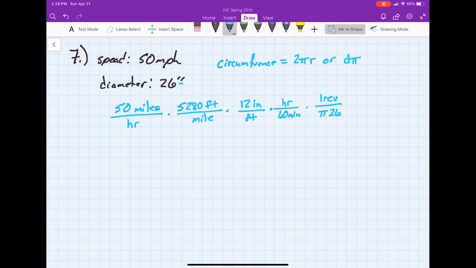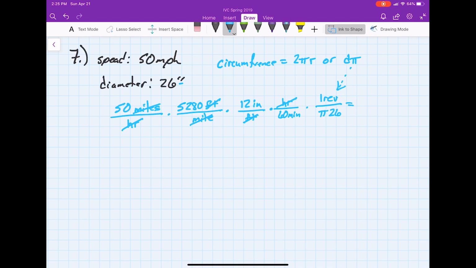So we can look at, miles cancel out. The feet, of course, cancel out. The hours cancel out. And it leaves us with the rest of everything that we have here.